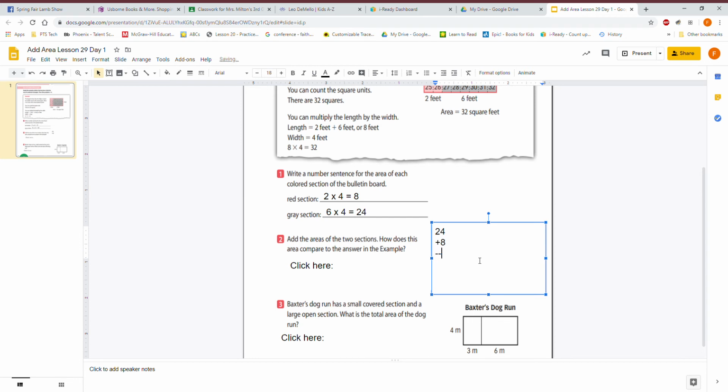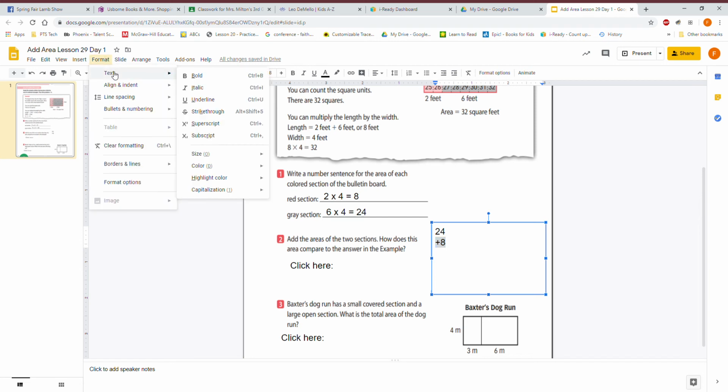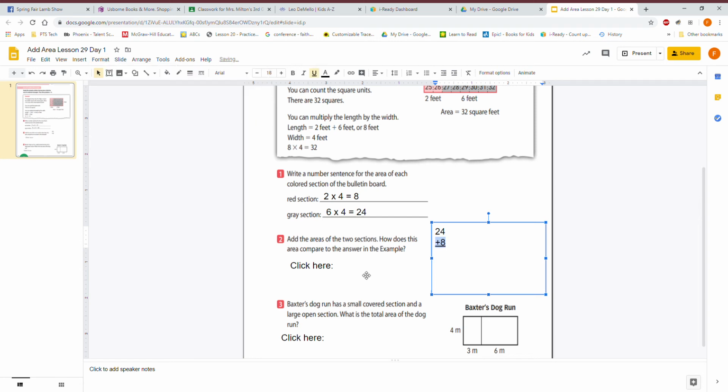Okay, so actually I'll go up here and put an underline, maybe I can fix that. And then I'm going to write 24 plus 8. I know that 8 plus 4 is 12.